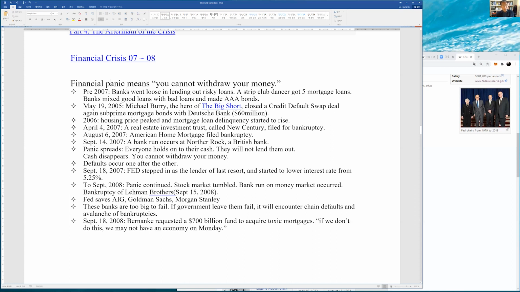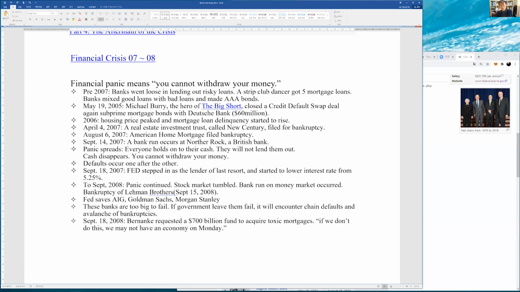Pre-2007, banks, the commercial banks and investment banks, went loose in lending out risky loans. So they made loans that are very risky. Risky loans mean high interest payments, high return. The higher the risk, the more payment that you get in return.